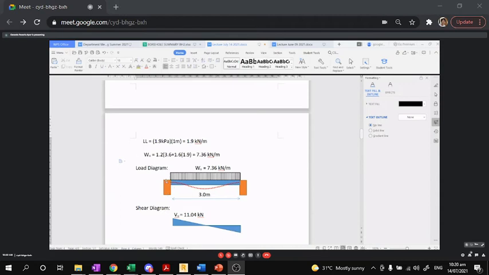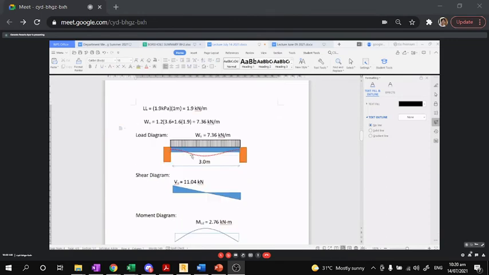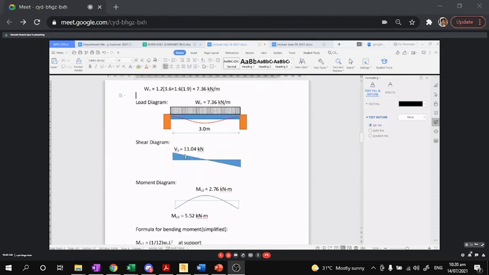Fix ni siya sa theory of structure ni siya, fix ang iyang symbol ani niya, no? Naka-hats ni siya dinhi. So that means nga this is the depicted shape. So as for the shear and moment, this is the shear and the moment with respect to that load. So this will be the demand or the design forces that you have, no, or the required forces.